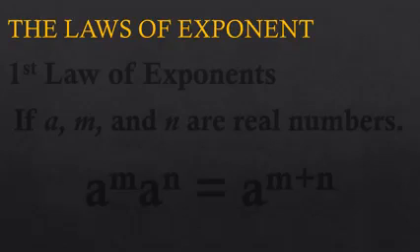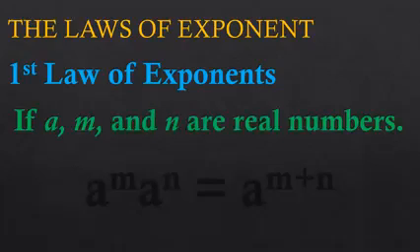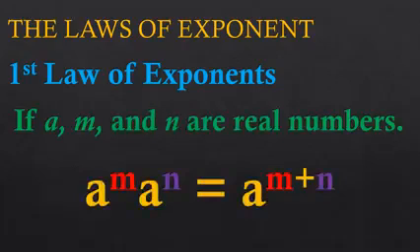Let's proceed to the first law of exponent. By the way, in this presentation, I prepared 4 laws of exponent. So first law of exponent, if a, m, and n are real numbers, then a raised to m times a raised to n is equal to a raised to m plus n.